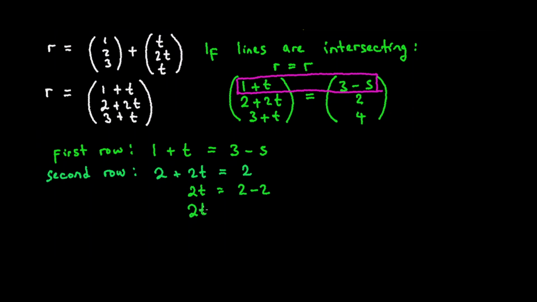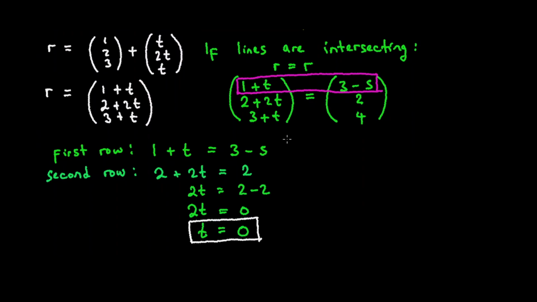So 2t is equal to 0, which means t is equal to 0 over 2, which is 0. So we have found the value of t.